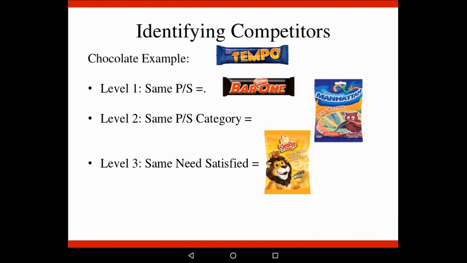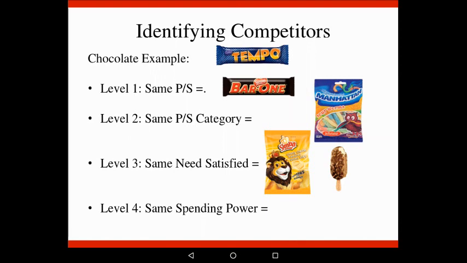So some other examples of snacks in this case would be a packet of Simba chips. Maybe you don't want a sweet snack like a Tempo. You want a savory snack. Or it could be a Magnum ice cream. Also like a dessert, like something sweet but not a chocolate or a packet of sweets. Okay, so that's level 3. All the products that satisfy the same need.